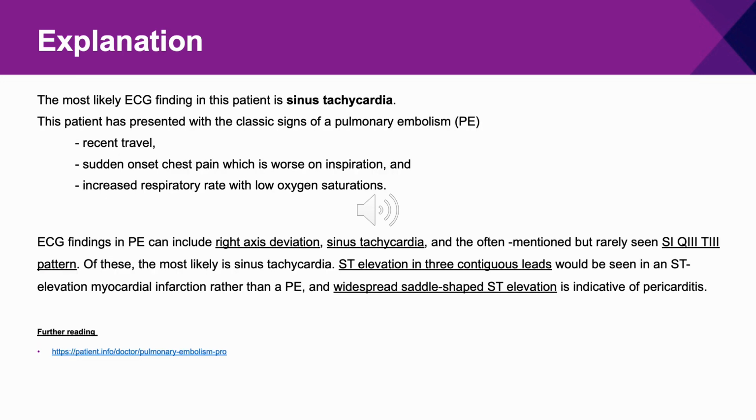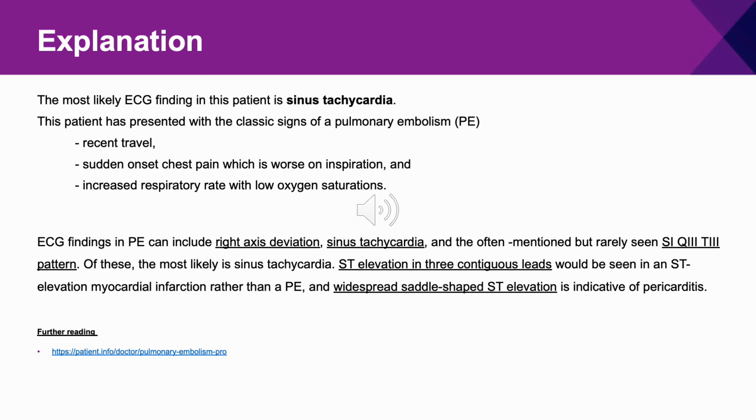This is the explanation given to the student. The most likely ECG finding in this scenario is sinus tachycardia. This is because the patient presented with classic symptoms of pulmonary embolism, with the recent travel, with her sudden onset of chest pain that is worse on inspiration, and with the increased respiratory rate and low oxygen saturations.